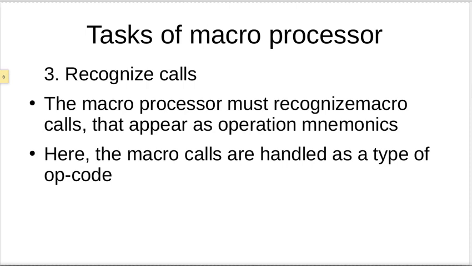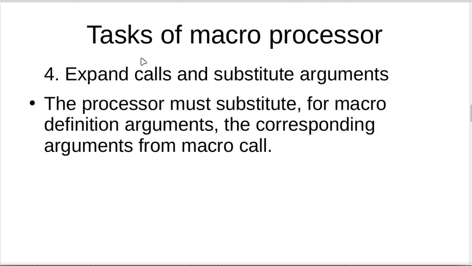So this is the third task, which is to recognize where the macro is being called. And the last task is to expand the calls and substitute the arguments. We have already seen that whenever a macro is defined and whenever it is called after that, the macro call statement leads to an expanded source code. And if the macro had some arguments in them, then the expanded code also had the arguments which were passed during the macro call statement.